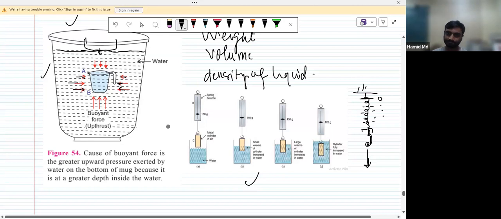Another observation. Actually, a picture tells a lot. Picture tells a lot. What is the other observation?